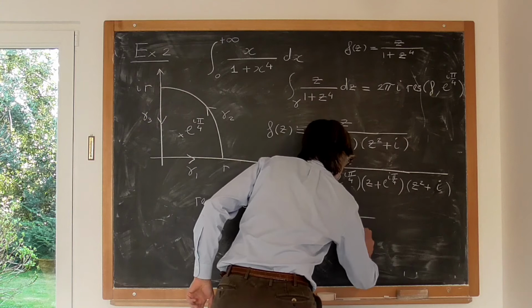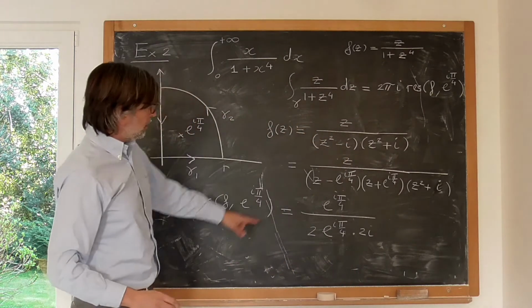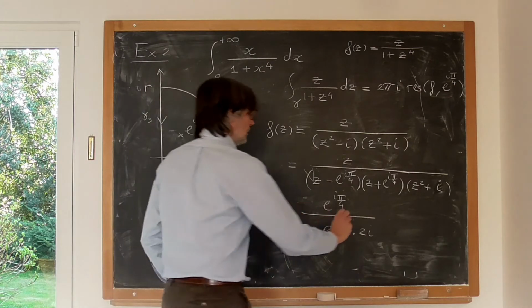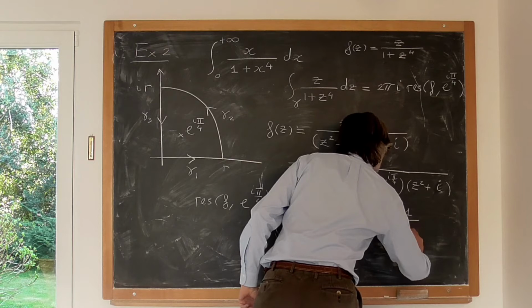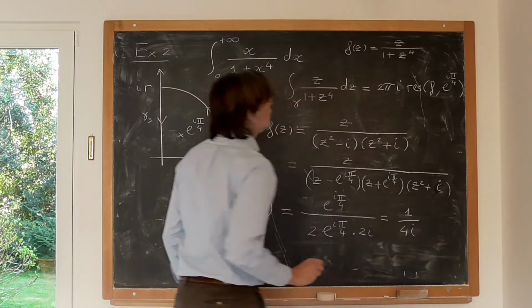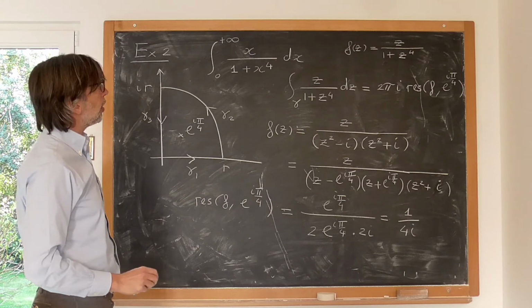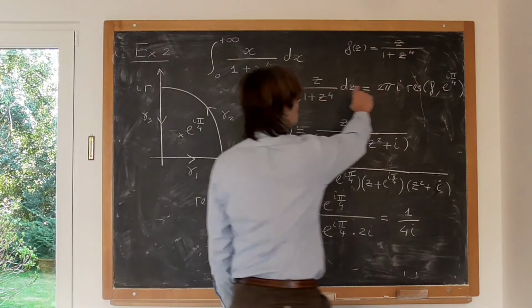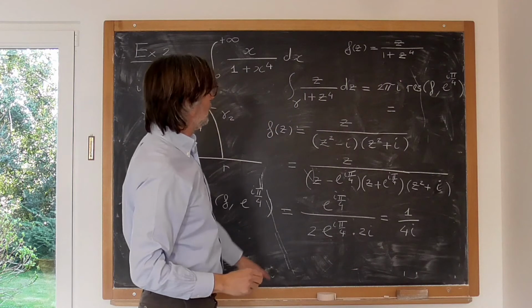We're multiplying by another 2i. Those two cancel, and we get 1 over 4i.